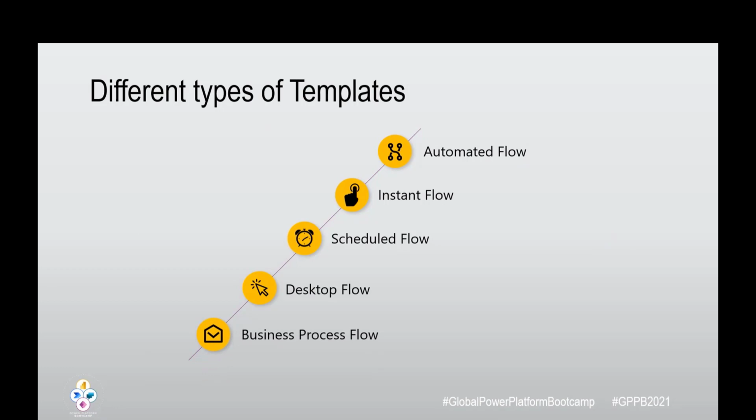And the next is business process flow. That's different from the other flows we have discussed, the previous four flows, right? Basically, it is used with Microsoft Dynamics 365 to ensure the data is consistent throughout the whole process.